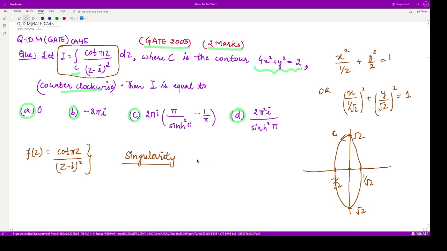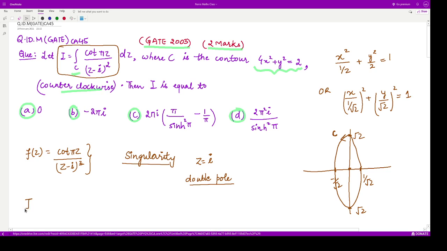We see at z equal to i, we have a double pole. How? Because the (z minus i) term is present in the denominator with power 2. So that means we have a double pole at this particular point.